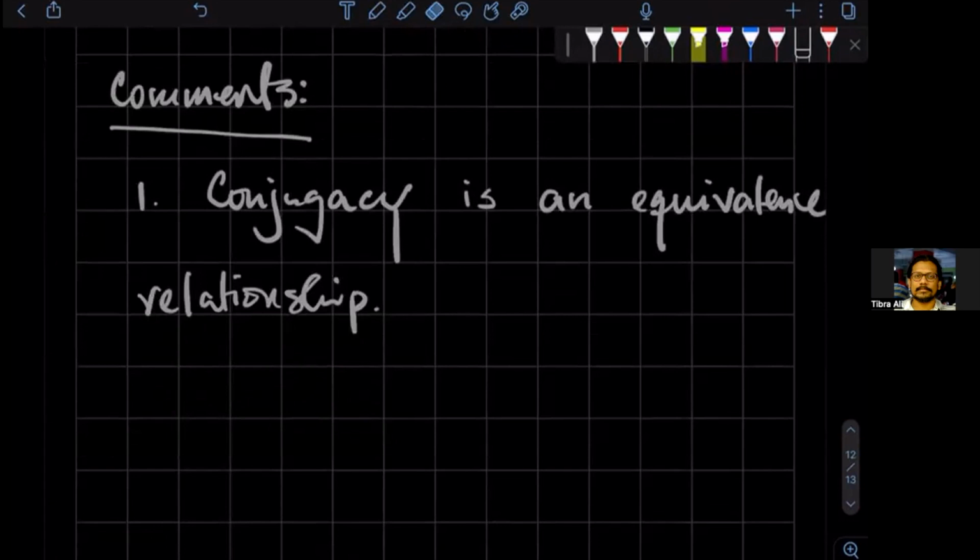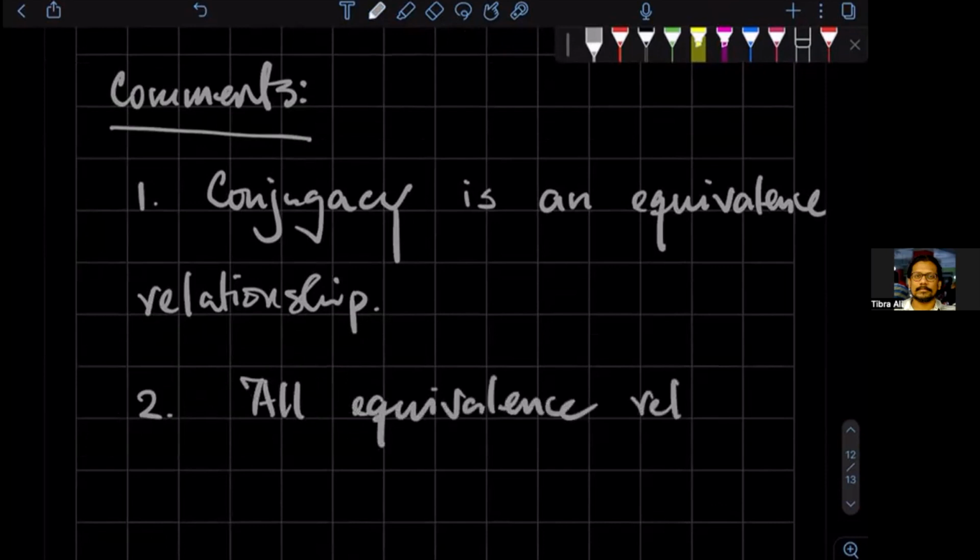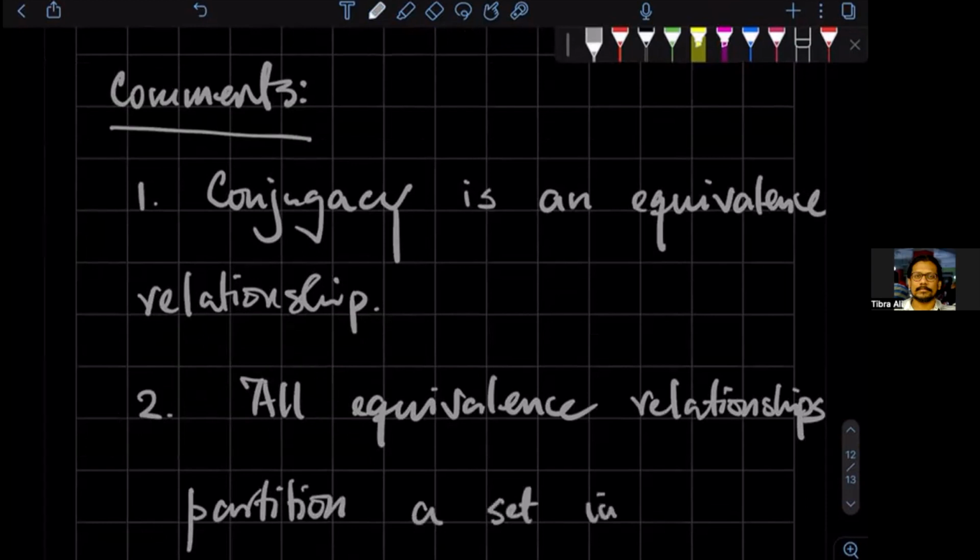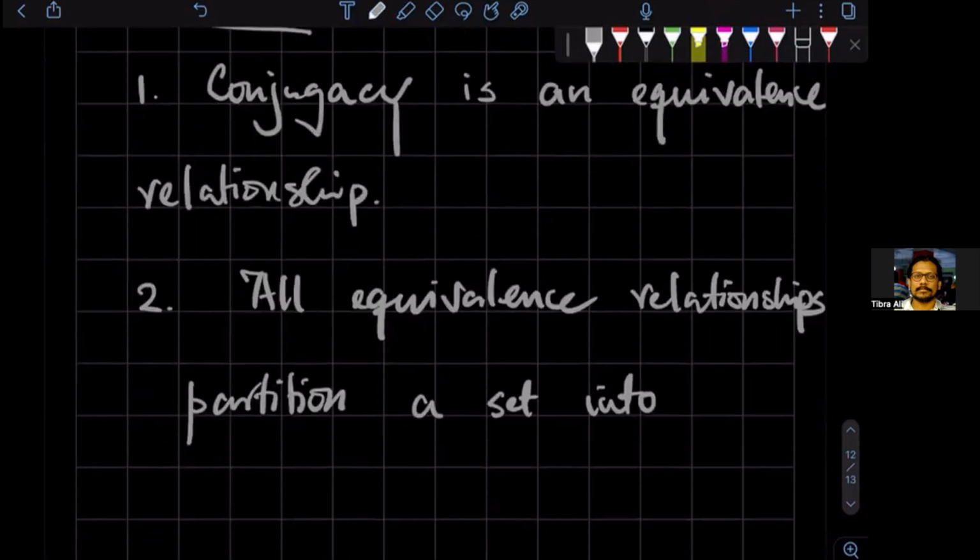And the second comment, I think I've said this before, but let me say it again because it's so important, it's worth emphasizing. All equivalence relationships partition a set into disjoint subsets.